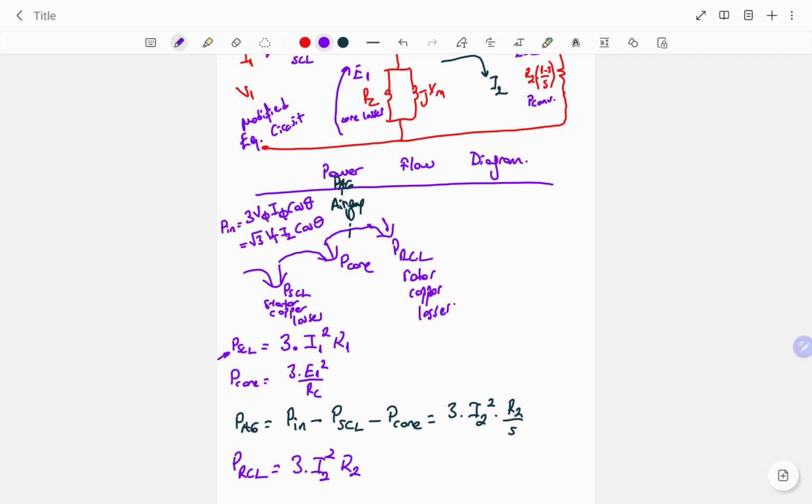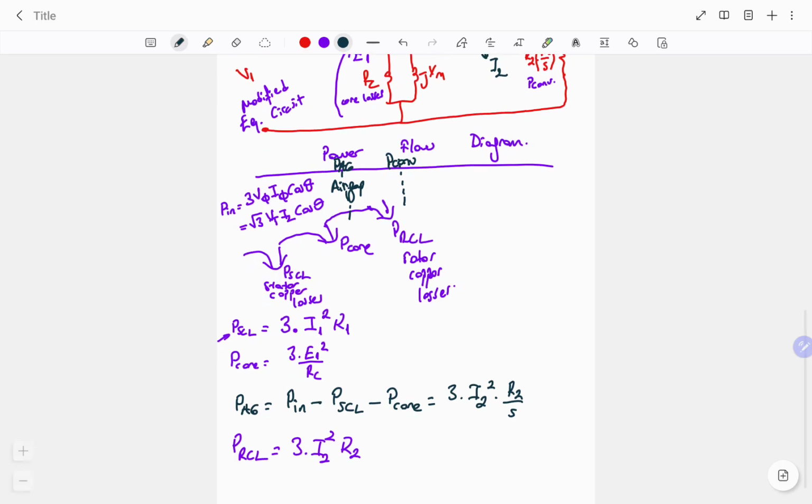Then we have the converted power. The converted power will be another point similar to the air gap, so it can be shown like this. And for converted power, we can write an expression from the power flow diagram: air gap power minus rotor copper losses.